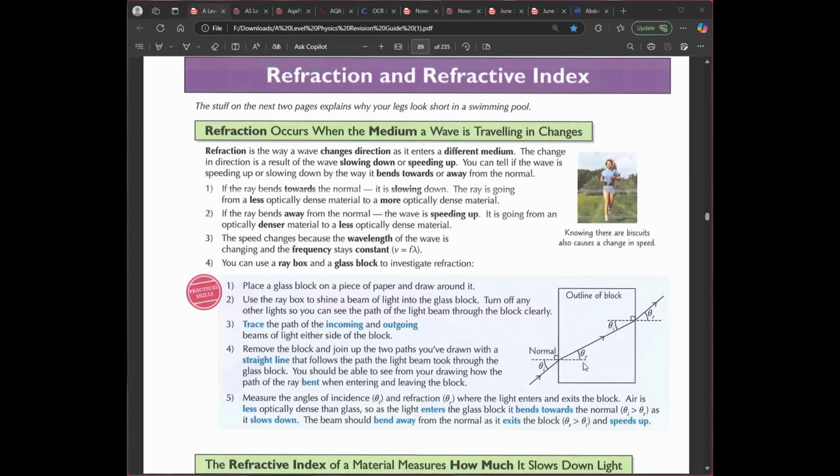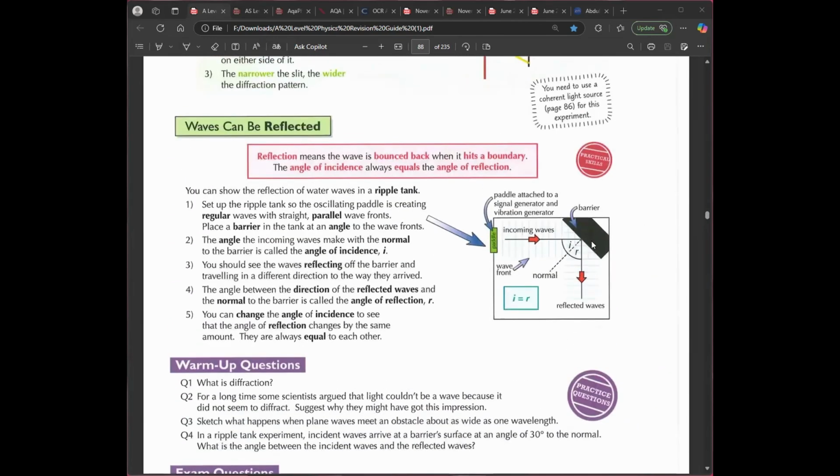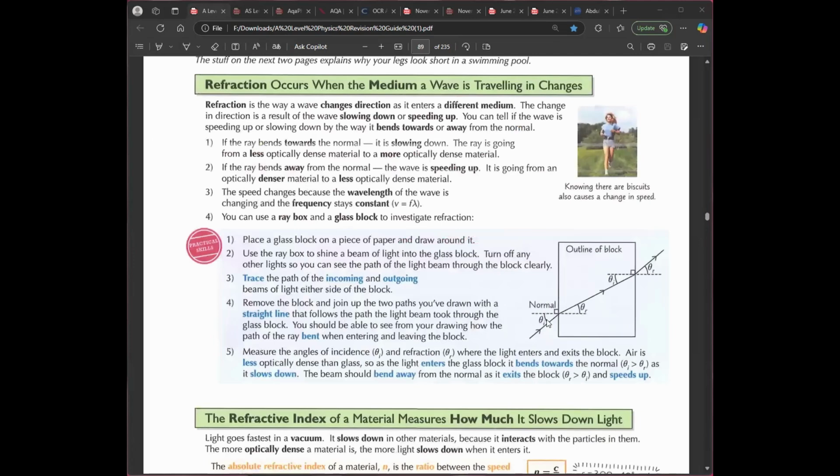So the other thing you need to know about refraction, again, we are going to use normal all the time. So normal is just something that is 90 degrees to the boundary, similar to what we saw in reflection as well. So you can see that light makes some angle with the normal when it is traveling from the air. Let's say it's air outside and this block is water.